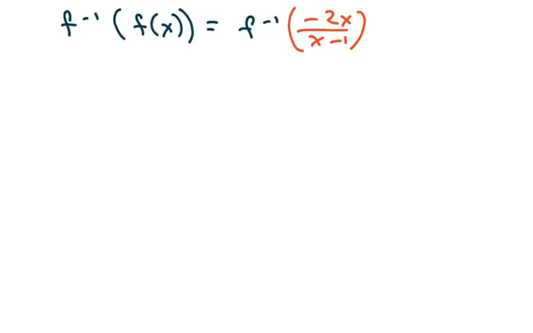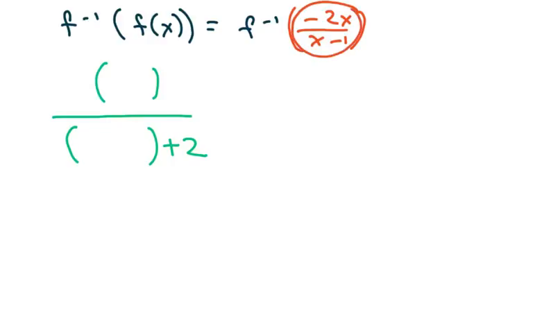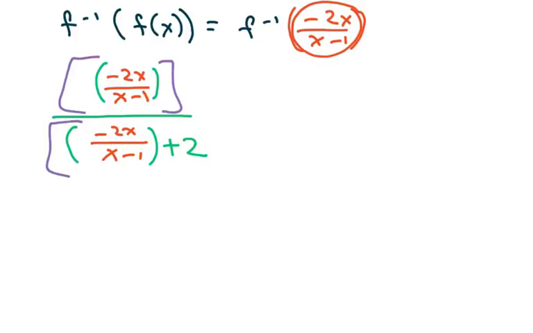So my outer function is x over x plus 2, and I'm going to input my f, which is negative 2x over x minus 1. I'm going to clear the fractions and put that in fraction form.